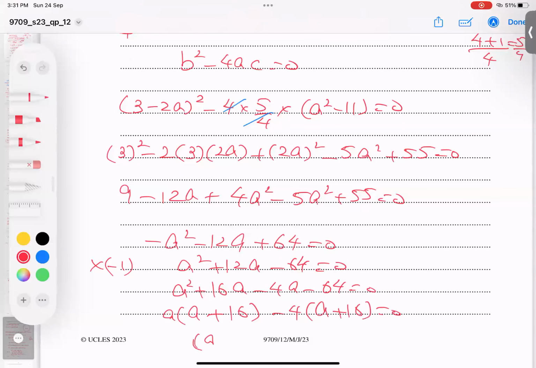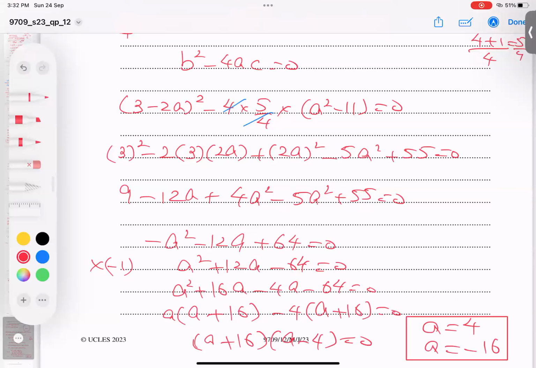I'm getting a plus 16 and a minus 4 equals 0. And I got two answers: one, 4, is proved, and the new answer is negative 16. Alhamdulillah Rabbil Alameen. I believe this point is very clear. Yes, a is 4 and a is also negative 16.